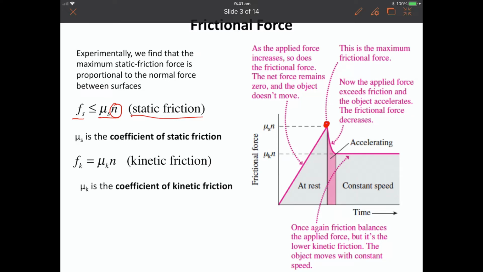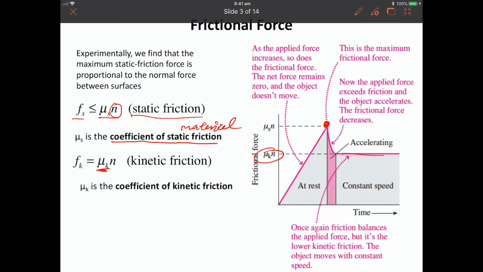This is the coefficient of static friction. This is material dependent. It depends on what materials are between the two surfaces. Whereas kinetic, we see once your object starts moving, the friction is reduced a little bit. So therefore, this number also reduces.